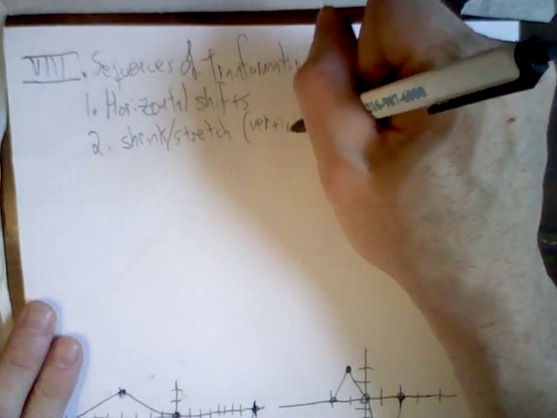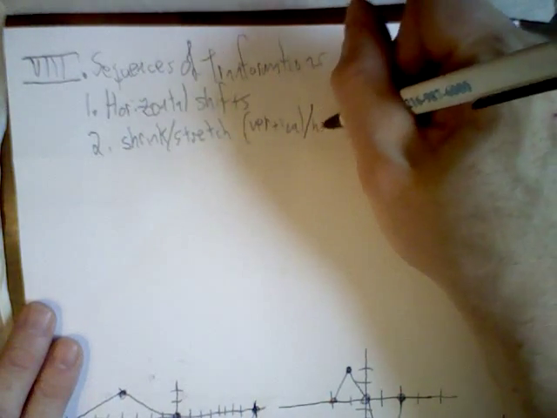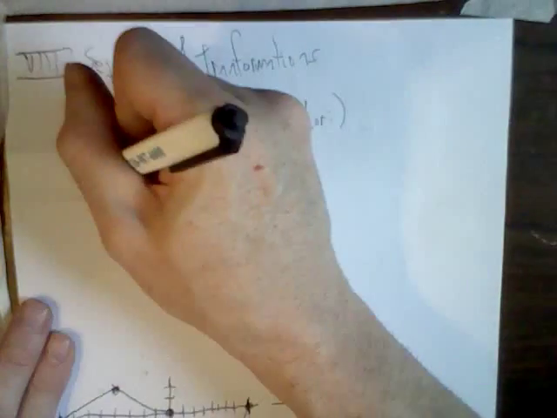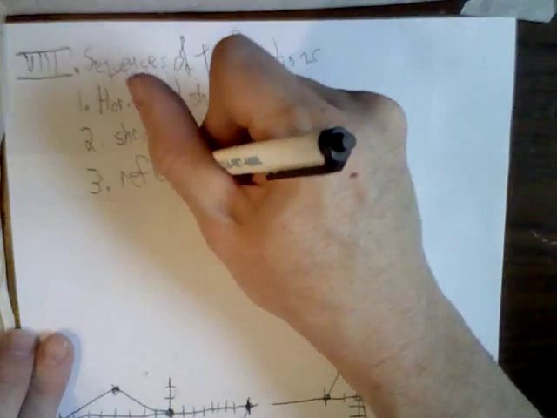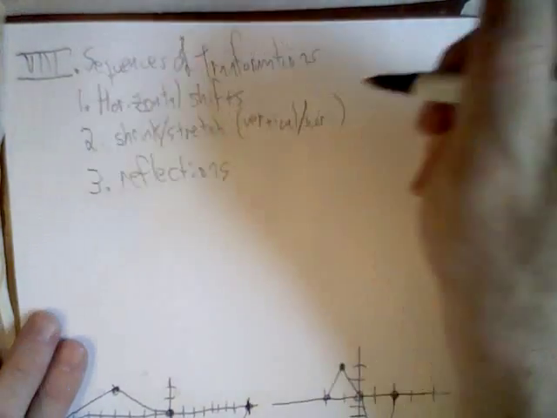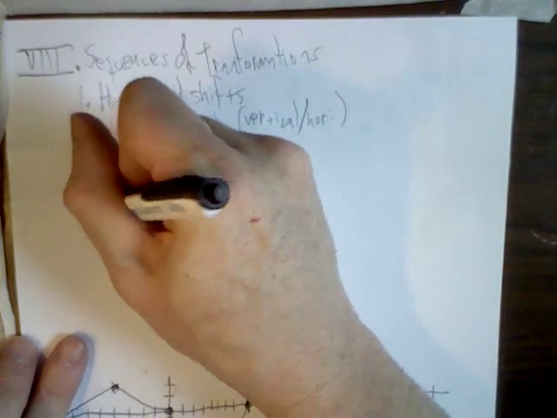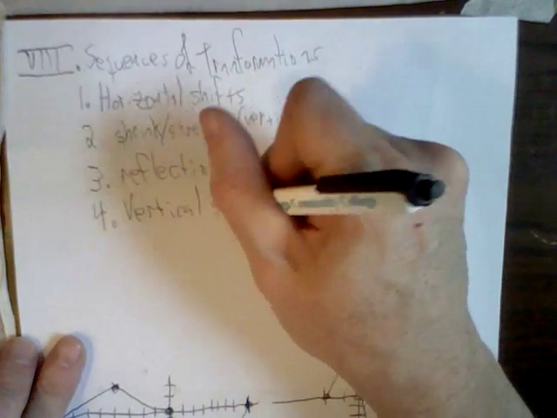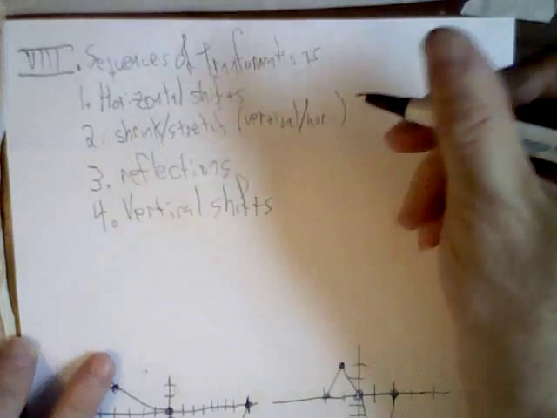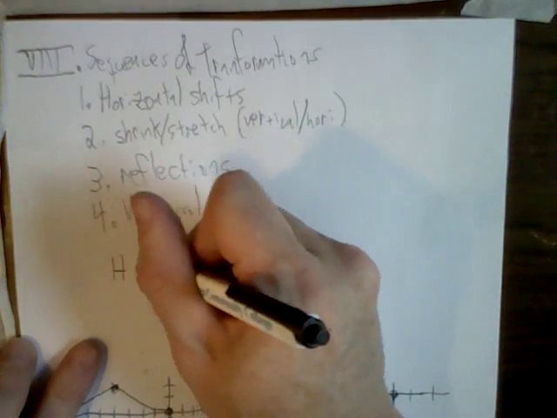Vertical first or horizontal first, it doesn't matter. Then you'll have reflections. Again, it won't matter if you do the x or y reflection first. And then finally, do your vertical shifts. Okay. So I remember it by thinking Hoser V.